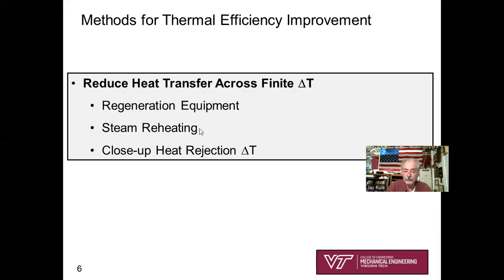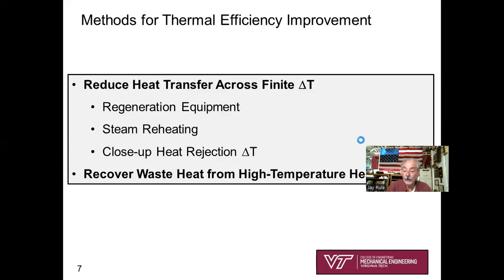Another method for reducing heat transfer across a finite temperature difference is reheating the steam once it's gone through the first section of a turbine. And then finally, the third method for reducing heat transfer across a finite temperature difference is closing up the heat rejection temperature difference, closing up the difference between the cooling water temperature and the steam condensing temperature. So those are all associated with reducing heat transfer across finite delta T, a source of irreversibility.